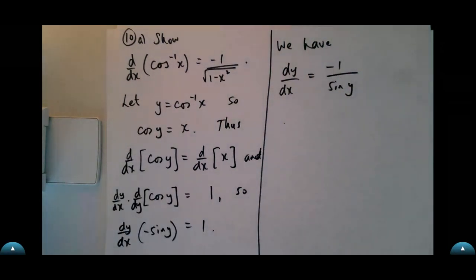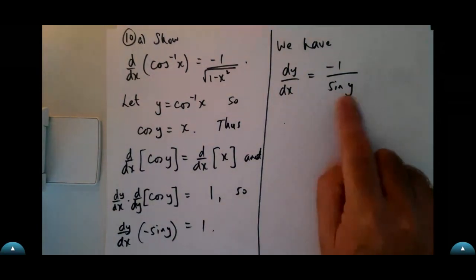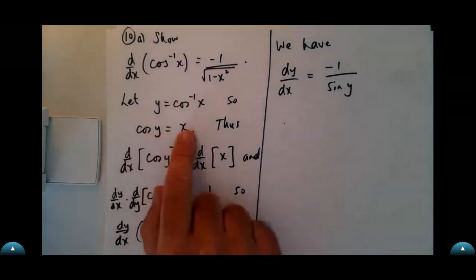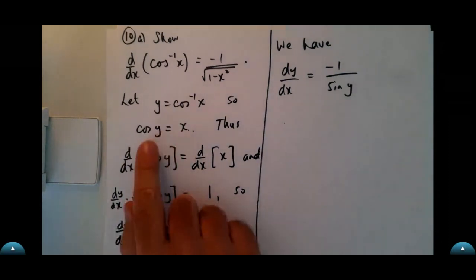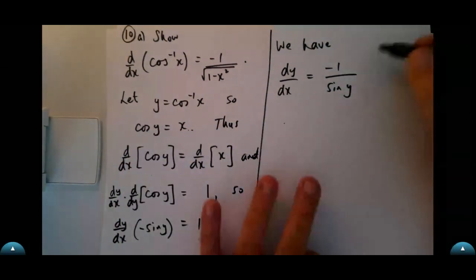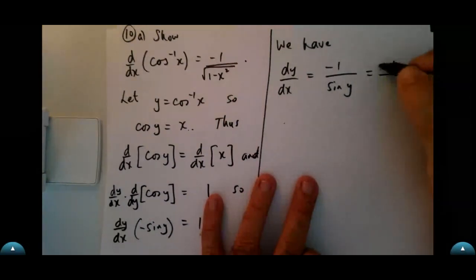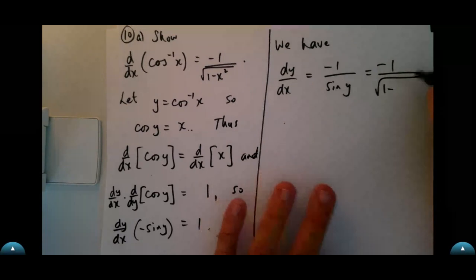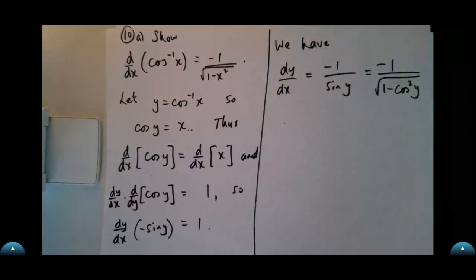So sine y is here, x equals cosine y. So what is the relationship between sine y and cosine y? Well, I can write it like this. Right here, I've just basically used sine squared plus cosine squared equals 1.